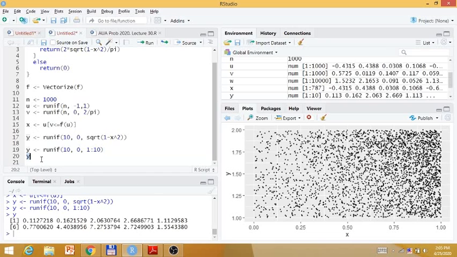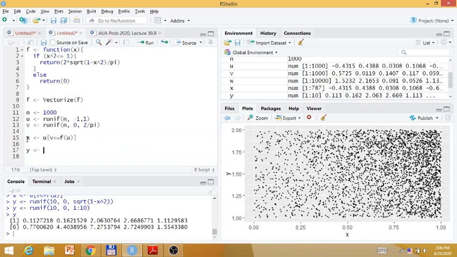I know that this is working. So I can use the following command, lapply, to apply that for all x. And I'm writing what function to apply for all x.